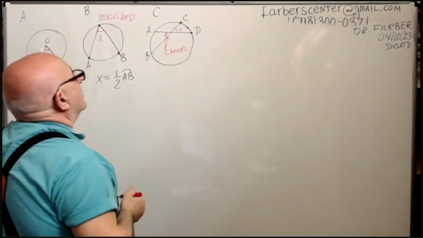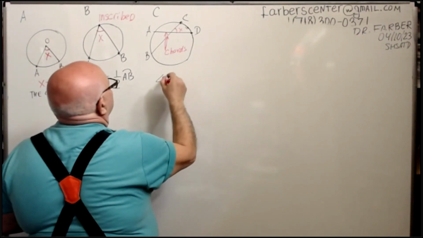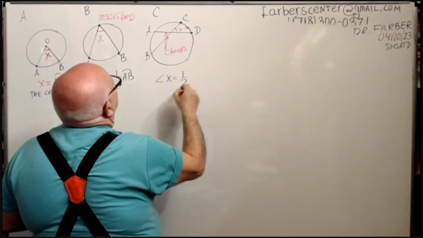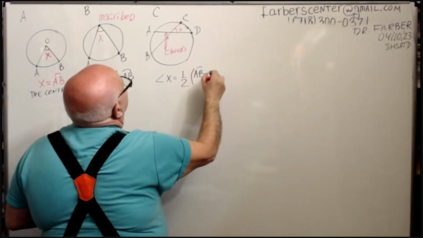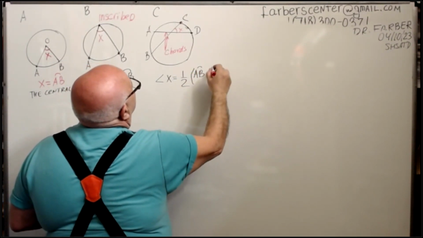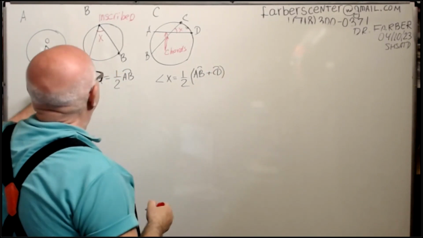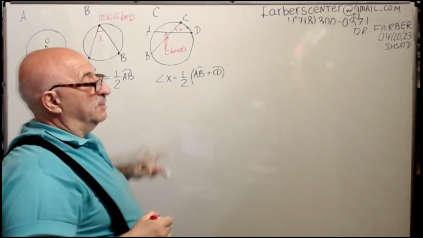The angle between two chords, angle X, equals 1/2 of AB plus CD. The same, half of the sum.